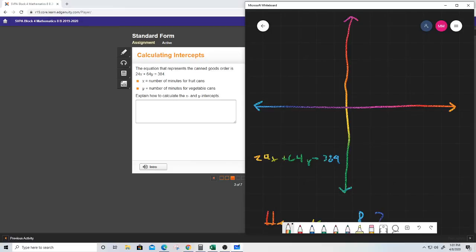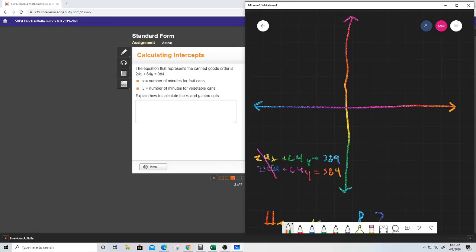What we can figure out from this: let's pretend we put a 0 in for x. That goes completely to 0, and all it means is that with 64y we have 384 left.